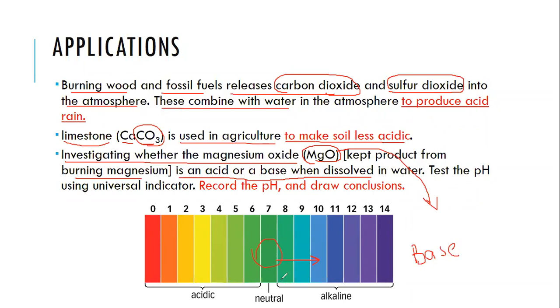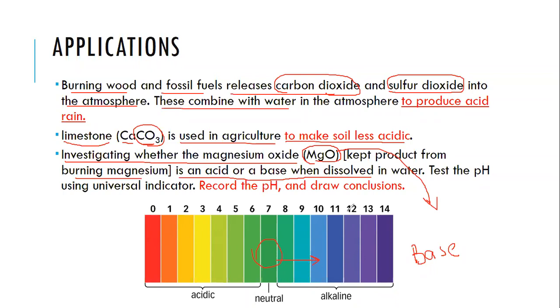When you add it into water, it will make it more basic, and the pH of the water where you have the magnesium oxide dissolved will be away from 7. It will be higher than 7.